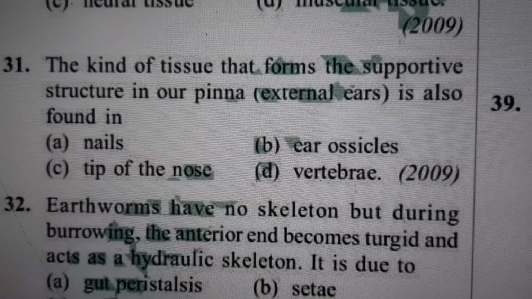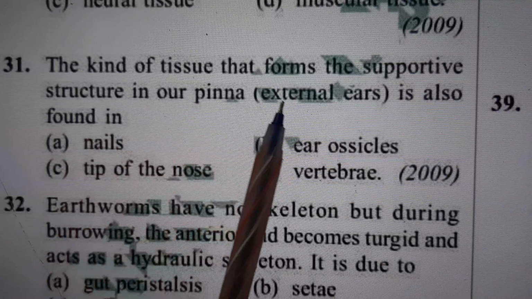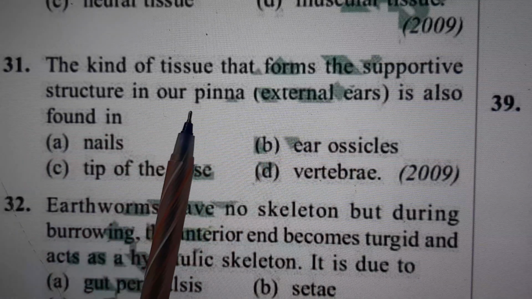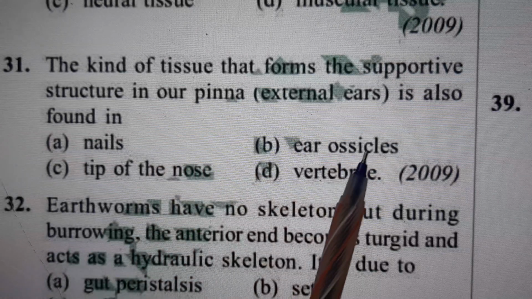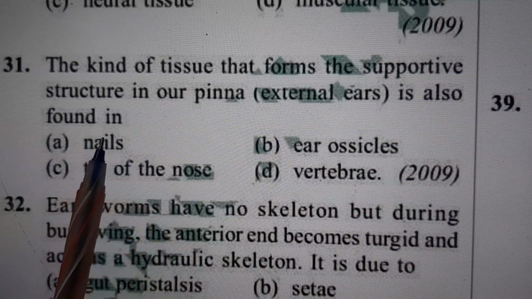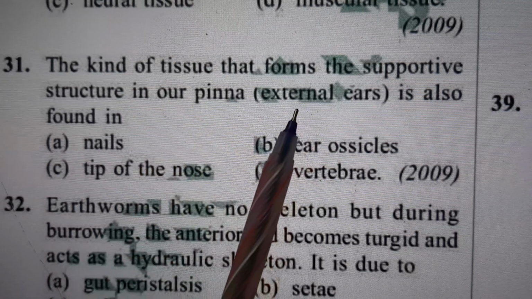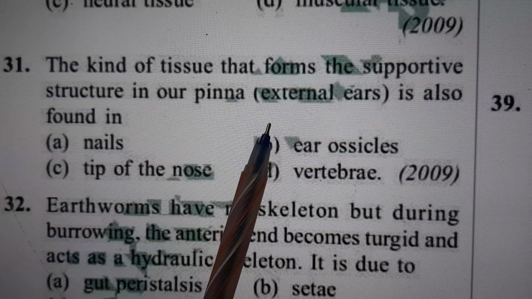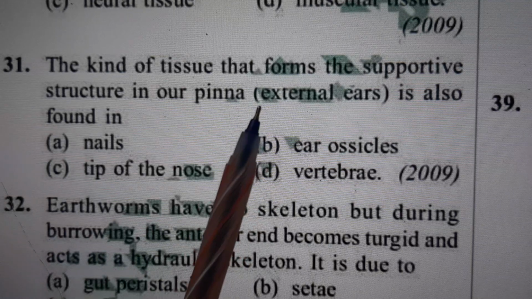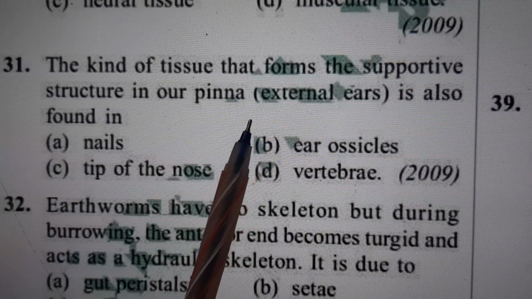Next question. This is also a little bit similar, but the pattern is different. The kind of tissue that forms the supportive structure in our pinna or the external ear is also found in. First of all, we have to identify which is the kind of supportive structure in our external ear. Yes, you got this. This is nothing but cartilage.